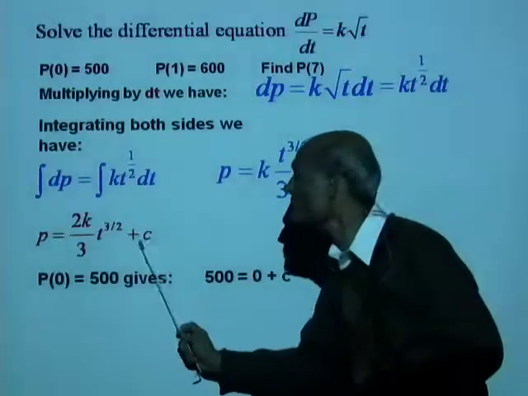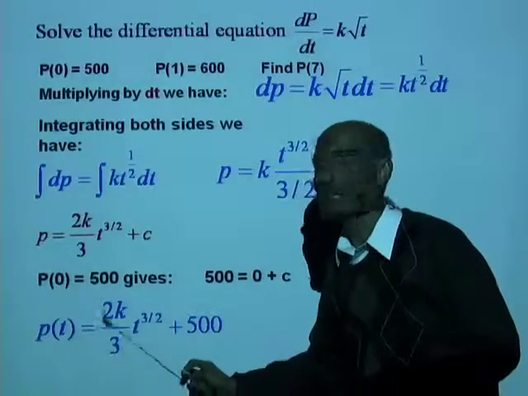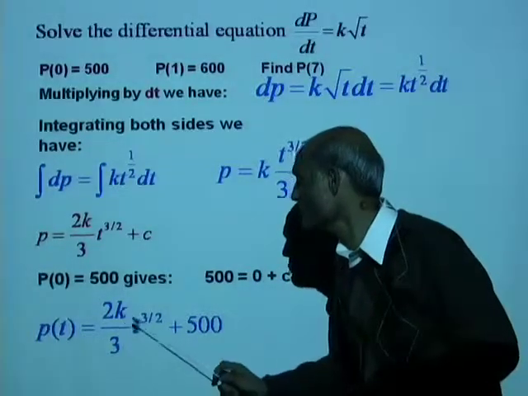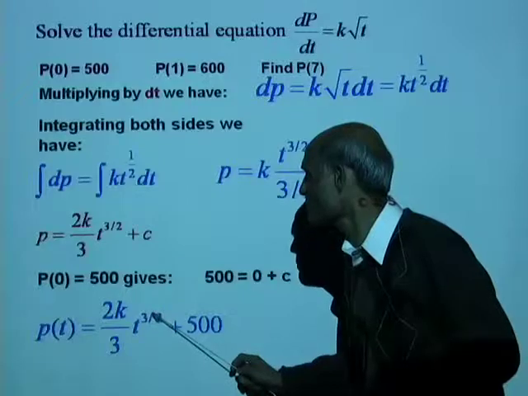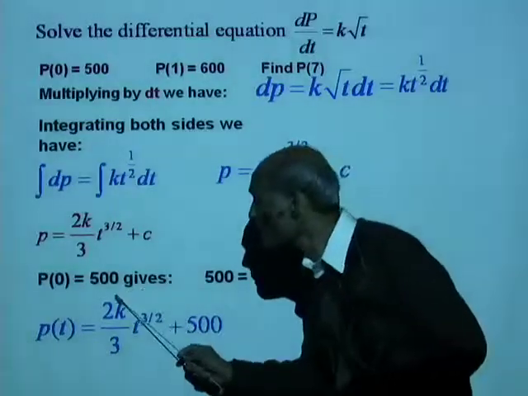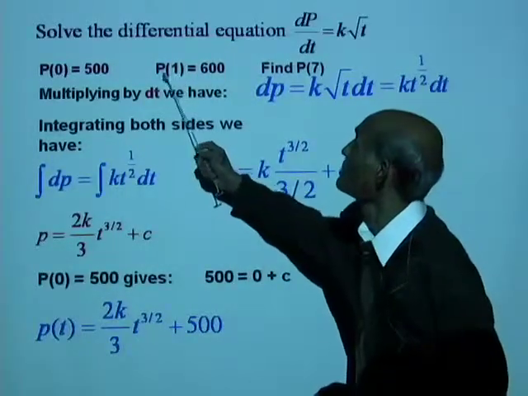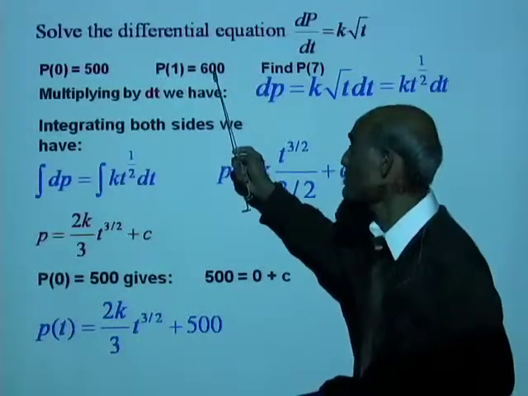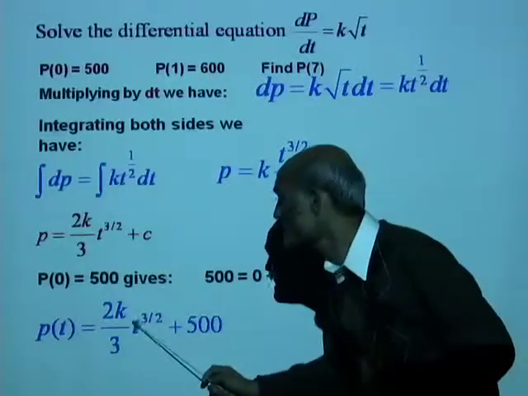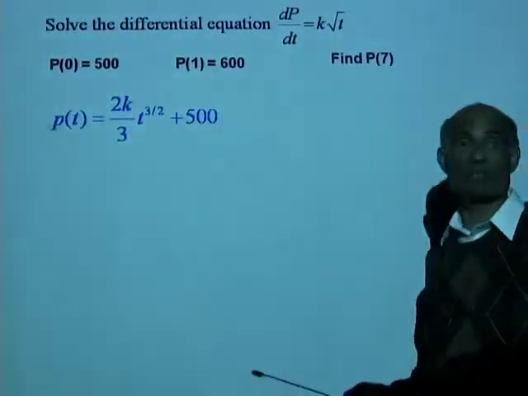We can now replace the c by 500. So we get p of t is 2k over 3 t to the power of 3 over 2 plus 500. Now we need to find the value of k. For that we use this condition, p of 1 equal to 600. When t equal to 1, p equal to 600.